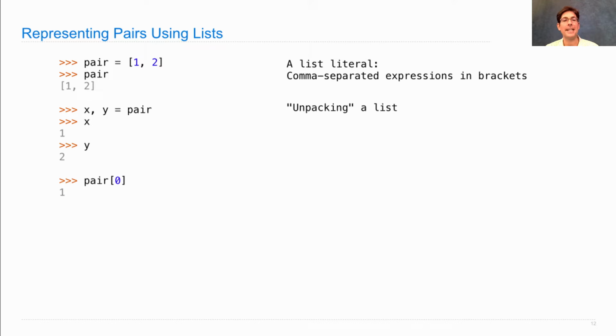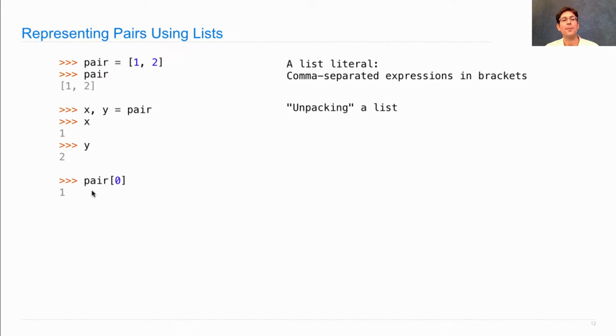Another way to access the elements of a list is through the element selection operator, which again uses square brackets. So these square brackets are different from this one, although they're certainly related. This one is just square brackets without anything before it, whereas this has some expression before it.